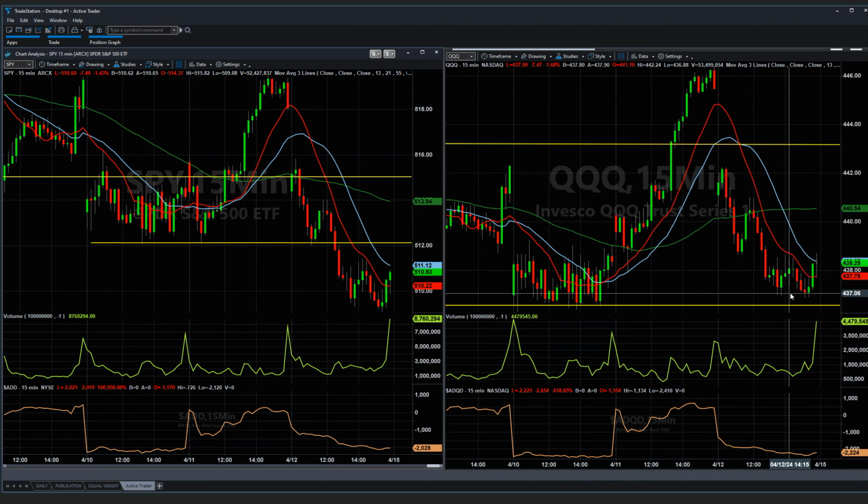And the same thing with the Qs, but you can see that this is a greater degree pause than we've seen here, or here, or here. But this is around a very important longer term key reference area.